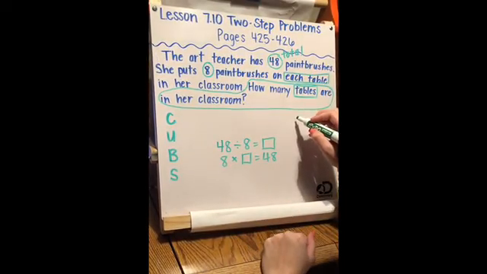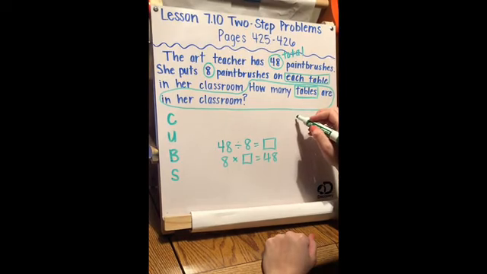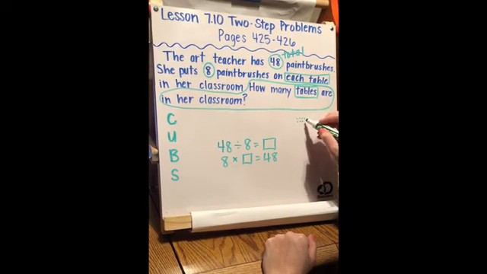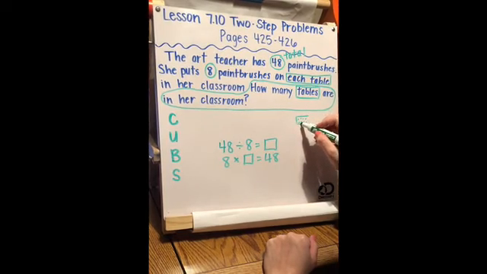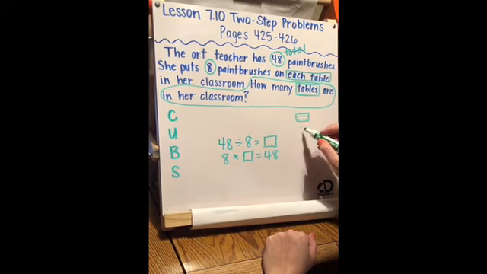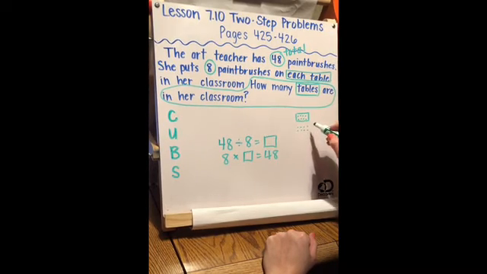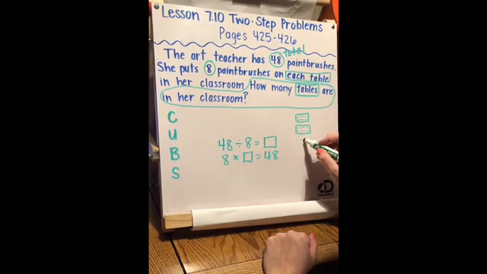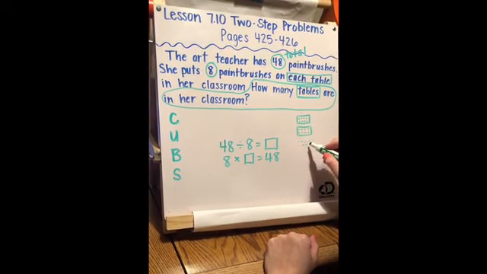So over here I'm going to draw a very small picture. 1, 2, 3, 4, 5, 6, 7, 8. So that would be one table in her room. 9, 10, 11, 12, 13, 14, 15, 16. There's another table. 17, 18, 19, 20, 21, 22, 23, 24.